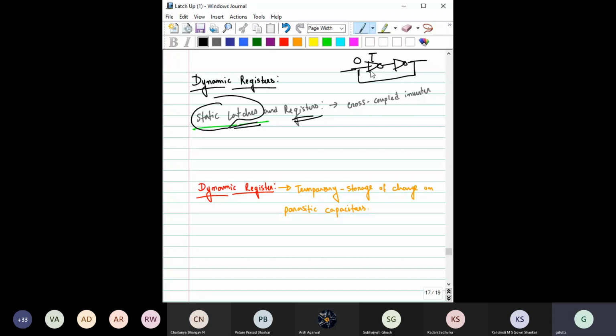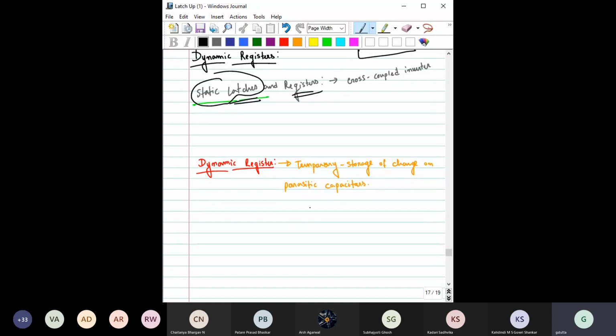Then probably we can think of something easier to design, where we will not store a bit permanently, that is, until the power is interrupted, but only for a very small time. Say we will charge a capacitor. If the capacitor is charged, we consider it as 1. If there is no charge in the capacitor, we consider the stored value to be 0. That is called a dynamic register.